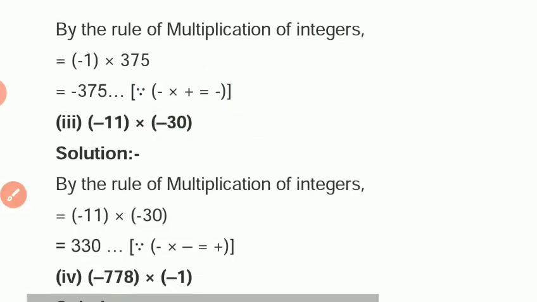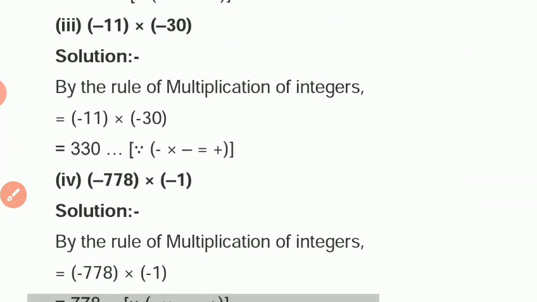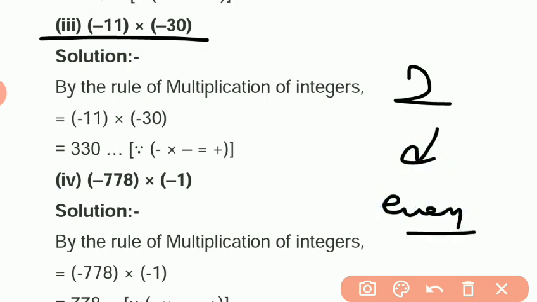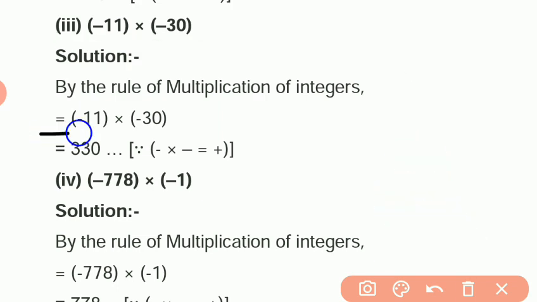Third one, minus 11 into minus 30. Here you can see how many negative integers are given? 2, which is even. And we have seen that if the number of negative integers is even, the product will be positive. So first we will multiply the numbers 11 into 30. So 11 into 30 will come as 330.